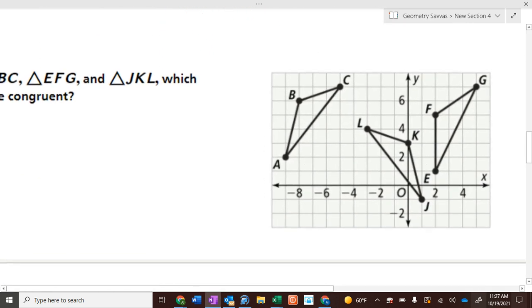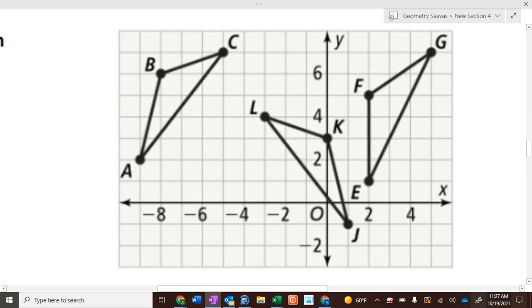Now, out of these 3 triangles, 2 are the same, 1 is different. 2 are congruent, 1 is not congruent. Which of the 2 are congruent? Brooklyn's got it.